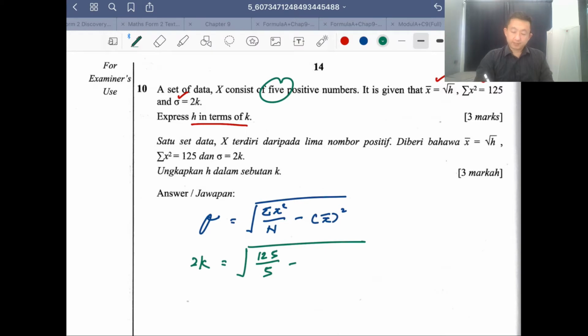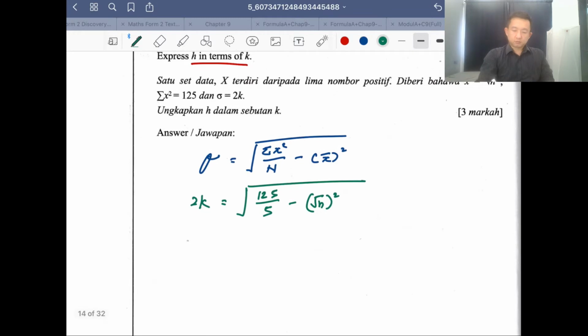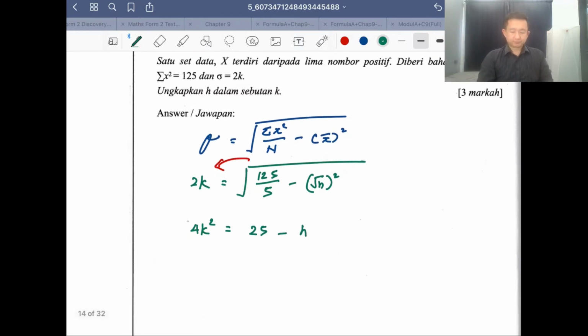And the mean is, okay, square root. Square root with a square, they eliminate each other.